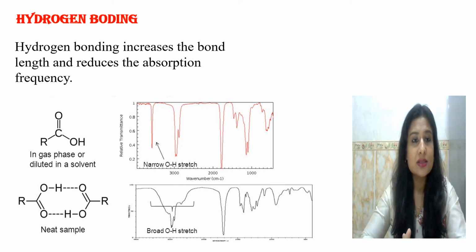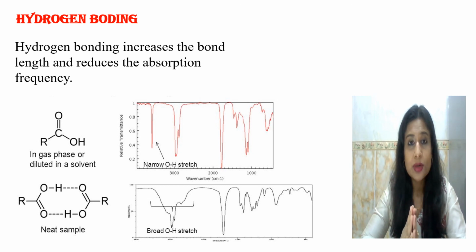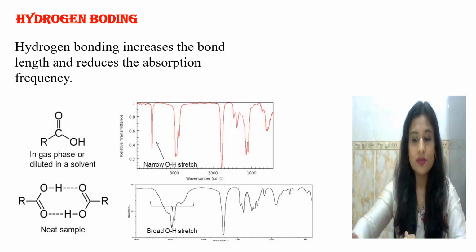Now these are the two cases of hydrogen bonding that we see. A free molecule does not show hydrogen bonding, and it appears at a higher wave number. But the molecule that shows hydrogen bonding appears at a lower wave number.